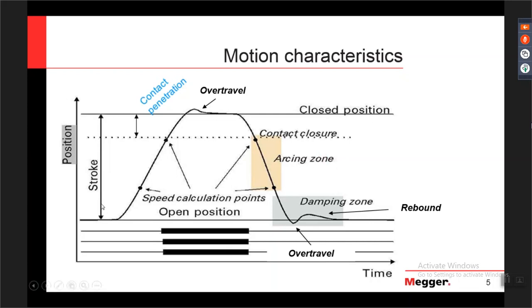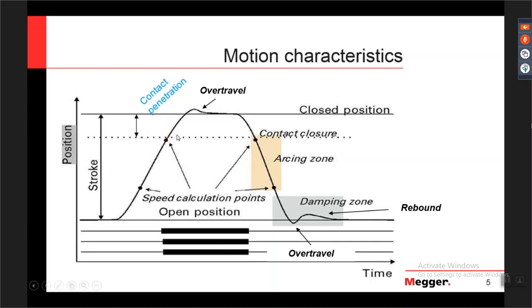Okay, so stroke here. That's the distance between the fully open and the steady state closed position. That's the contact stroke. And contact penetration is the distance from the first contact touch of the arcing contact to the steady state closed position.